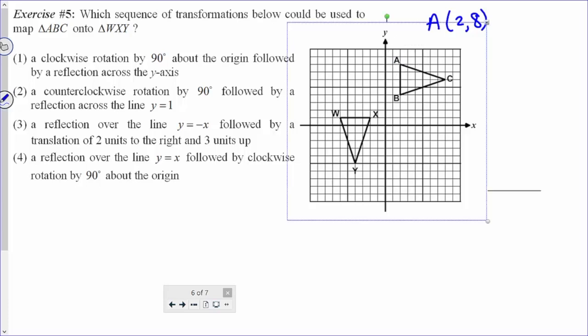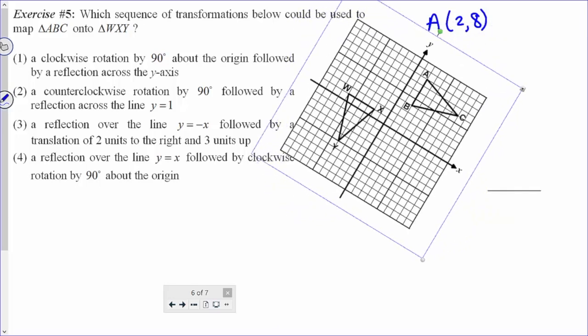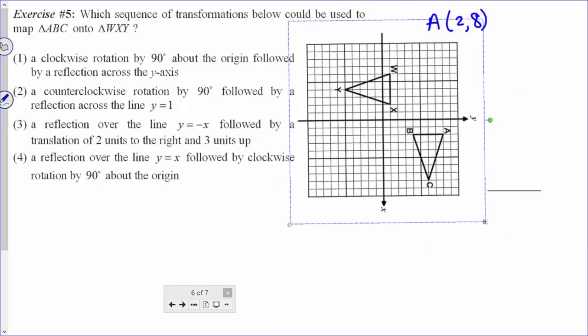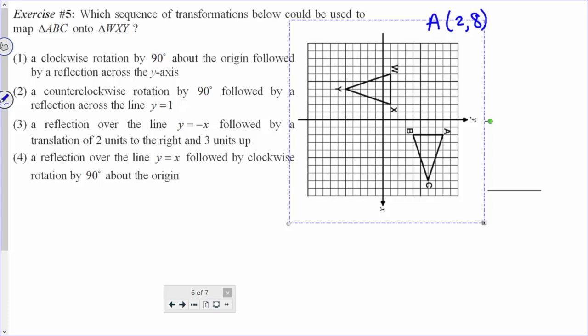We know which point we're rotating. We're going to do a clockwise rotation by 90, okay? And then we're going to reflect it across the y-axis, which this is the y-axis now. So it would put us right here, at negative 8, negative 2, all right?